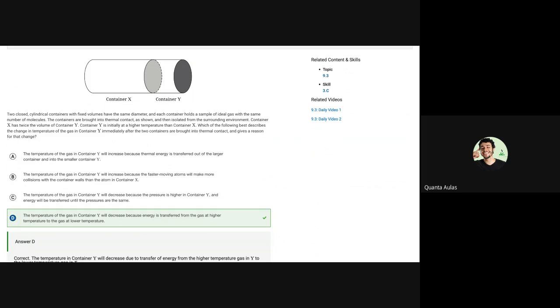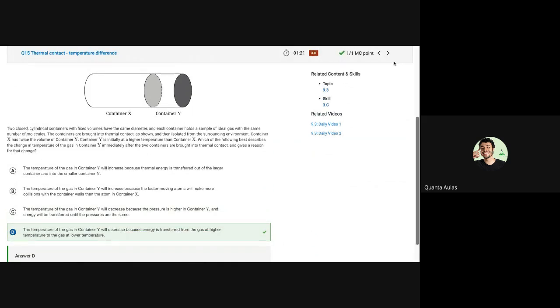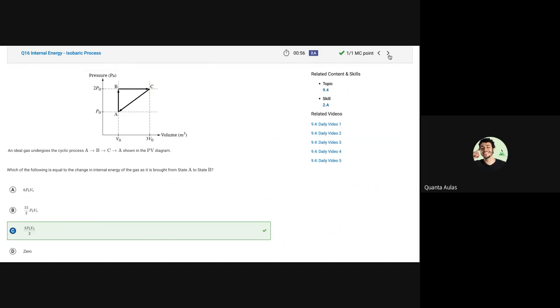Gas is ever hard, but you put the right answer. The temperature of the gas container Y will decrease because energy is transferred from the gas. Yeah, this is very easy. Okay, so we can go to the next one because you got it right.